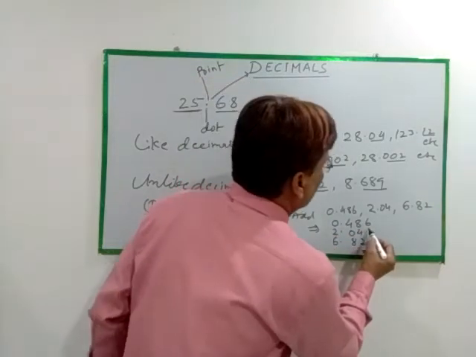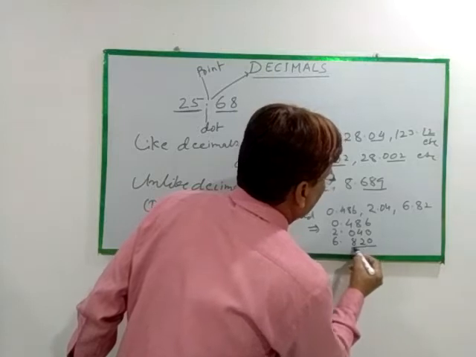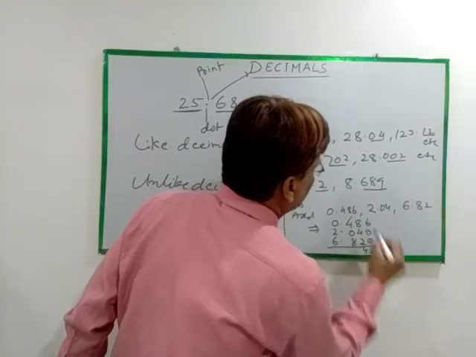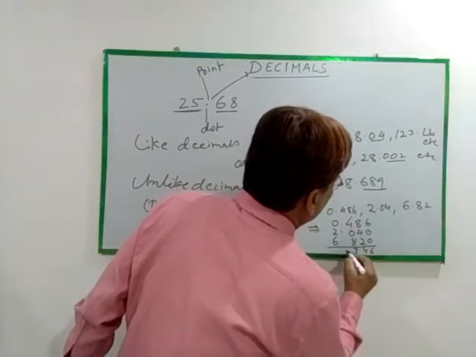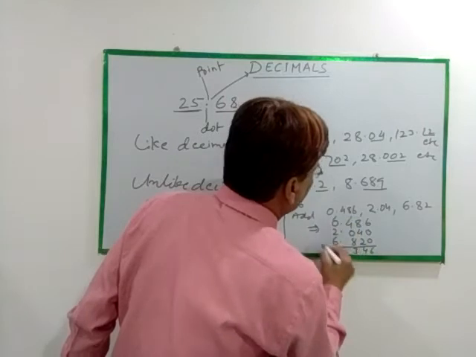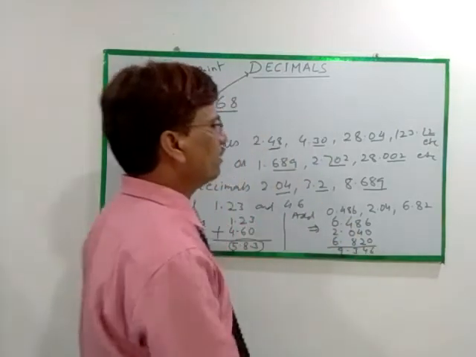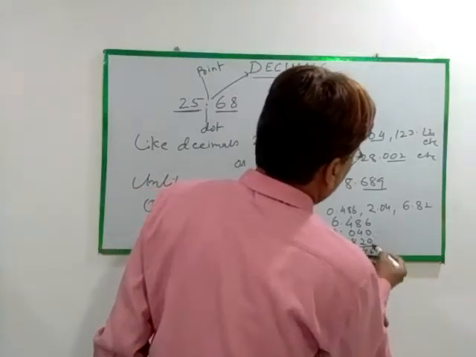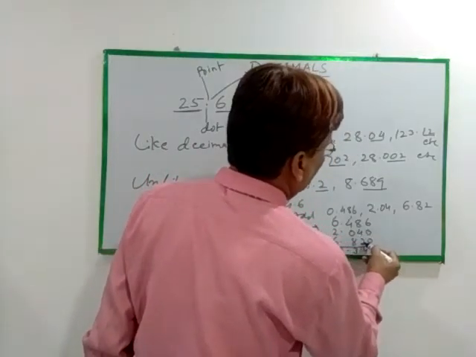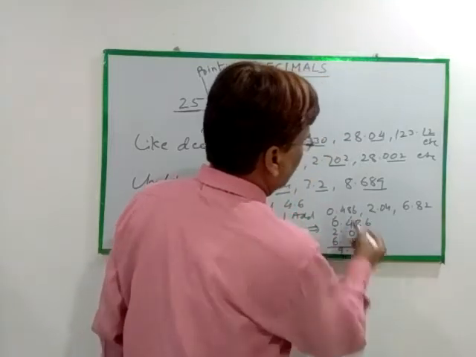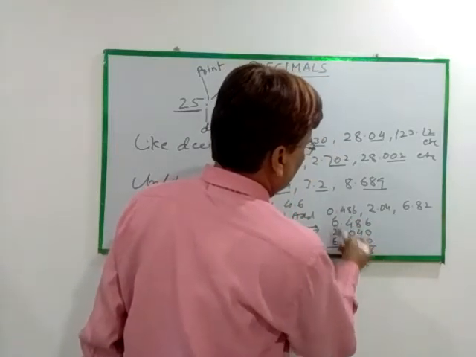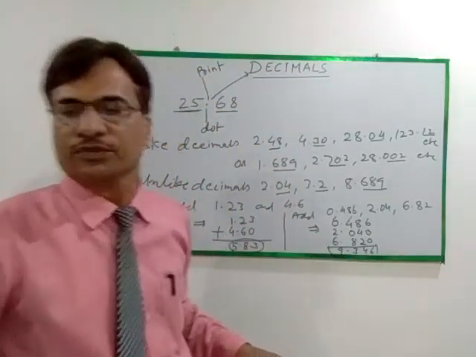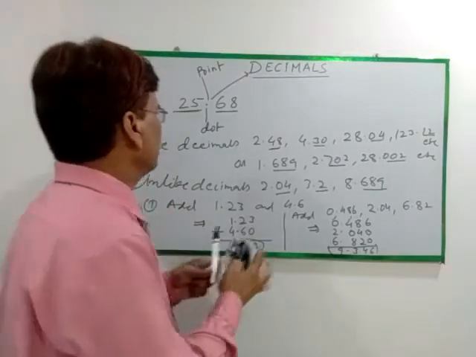These are unlike decimals, so you have to put 0 to make like decimals. Then add column by column, carrying where needed, and put the decimal point in the answer. Okay, in the same way we can subtract decimals.